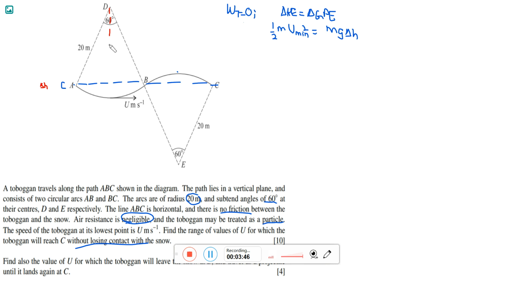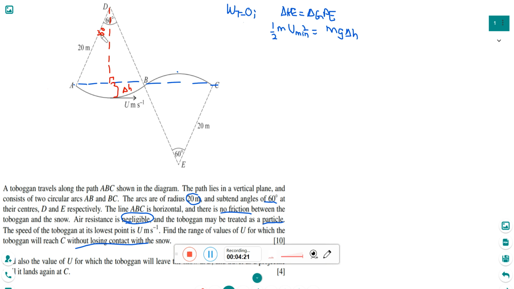To find this, we make a perpendicular vertical line. This is 20 meters, so this is equidistant, so this is 30 degrees. This implies that delta H is known as this.